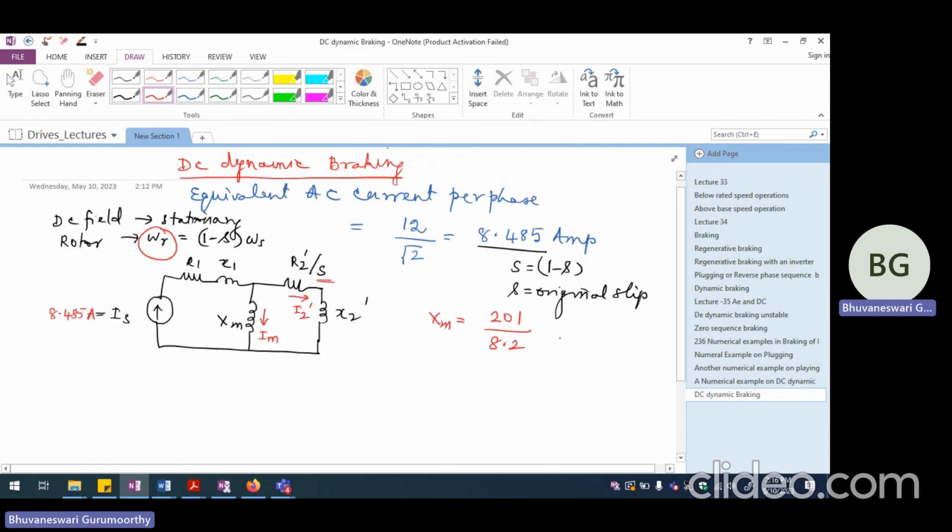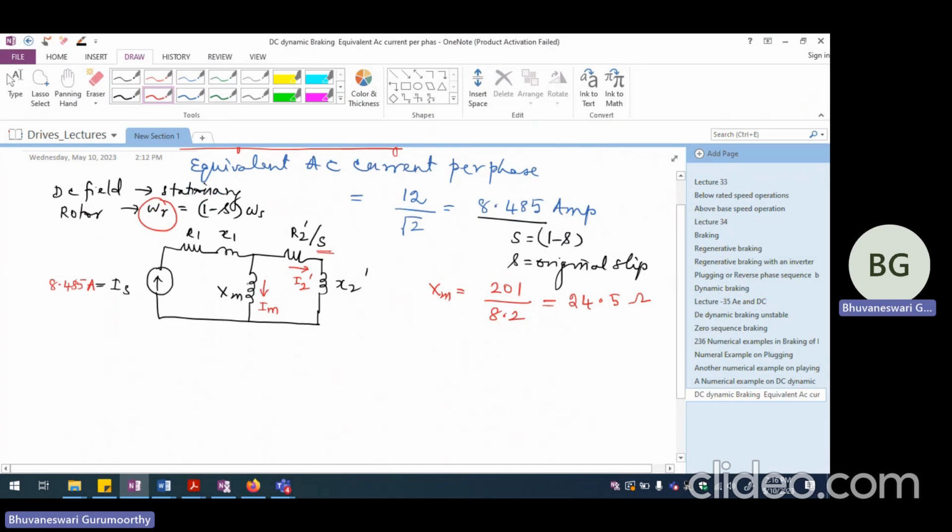This is going to give us the XM value, and that XM value comes out to be 24.5 ohm.